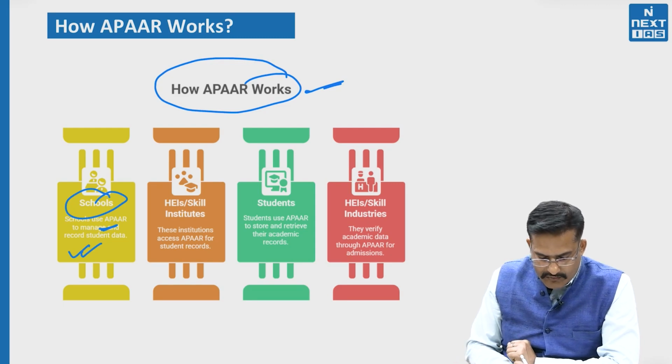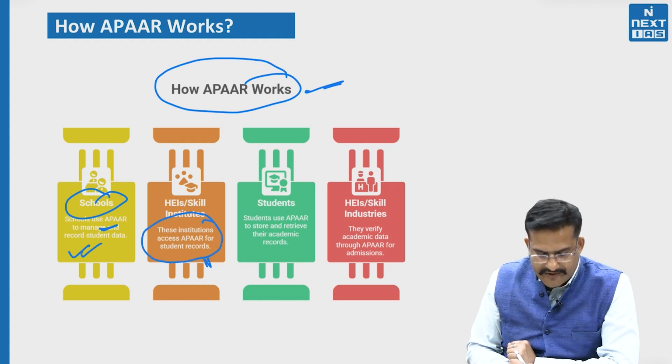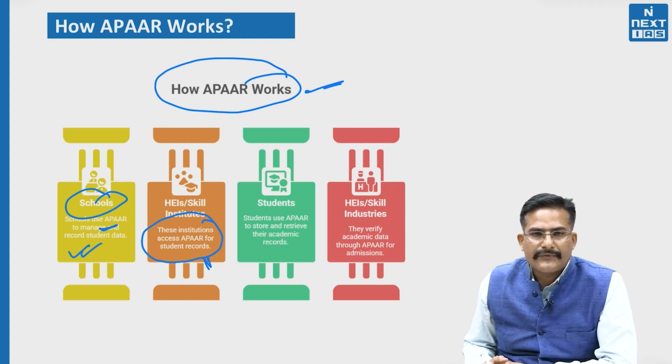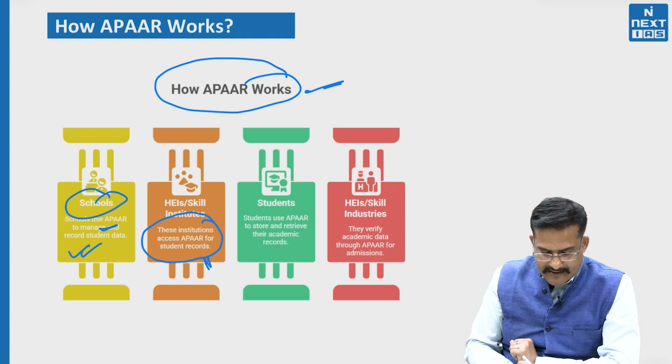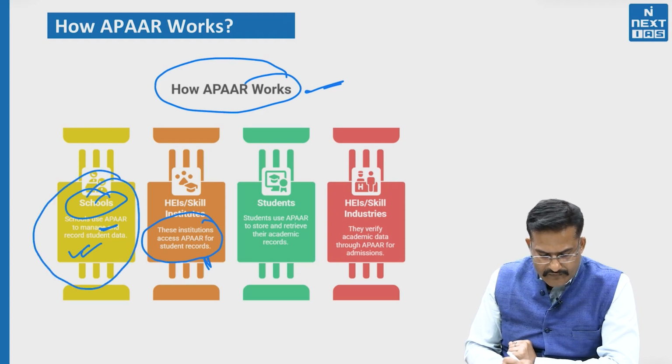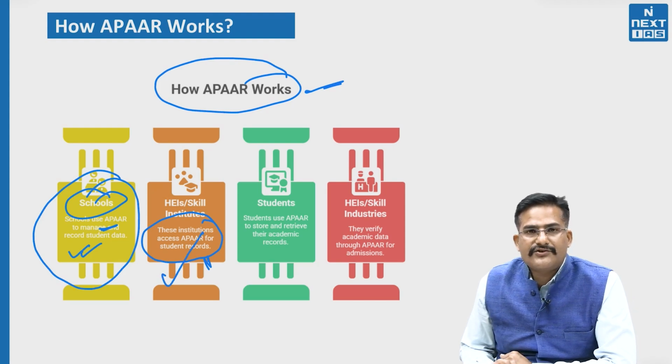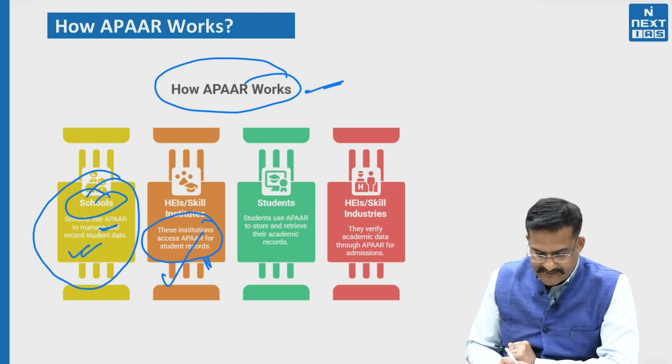Schools, right? What do higher education and skill institutes do? These institutes access the APAAR for student records. For example, if you have to apply to a higher education institute for a PhD or post graduation, the data fed by the schools will be fetched by whom? The higher education institution, for verification purposes.